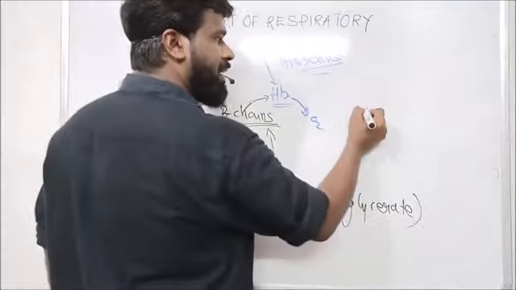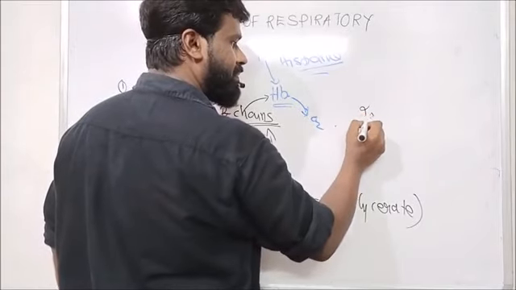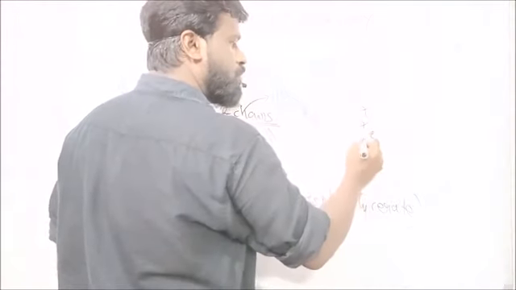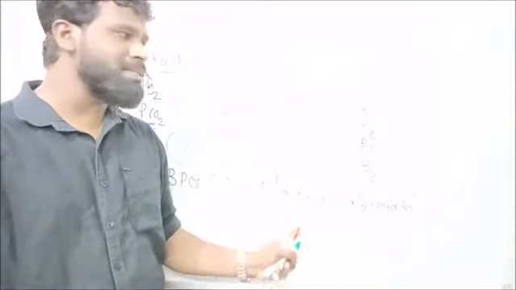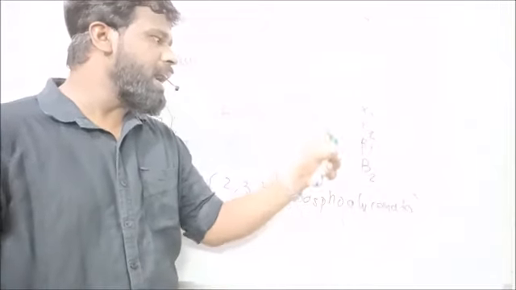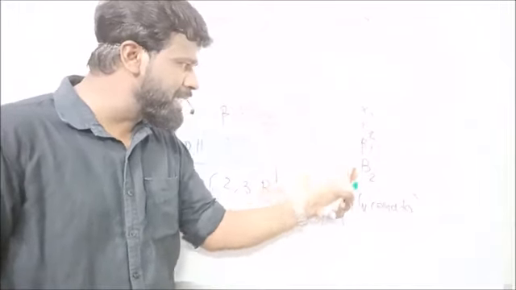We know hemoglobin has 2 alpha and 2 beta chains. And this 2,3-bisphosphoglycerate binds to the amino end of these beta chains.